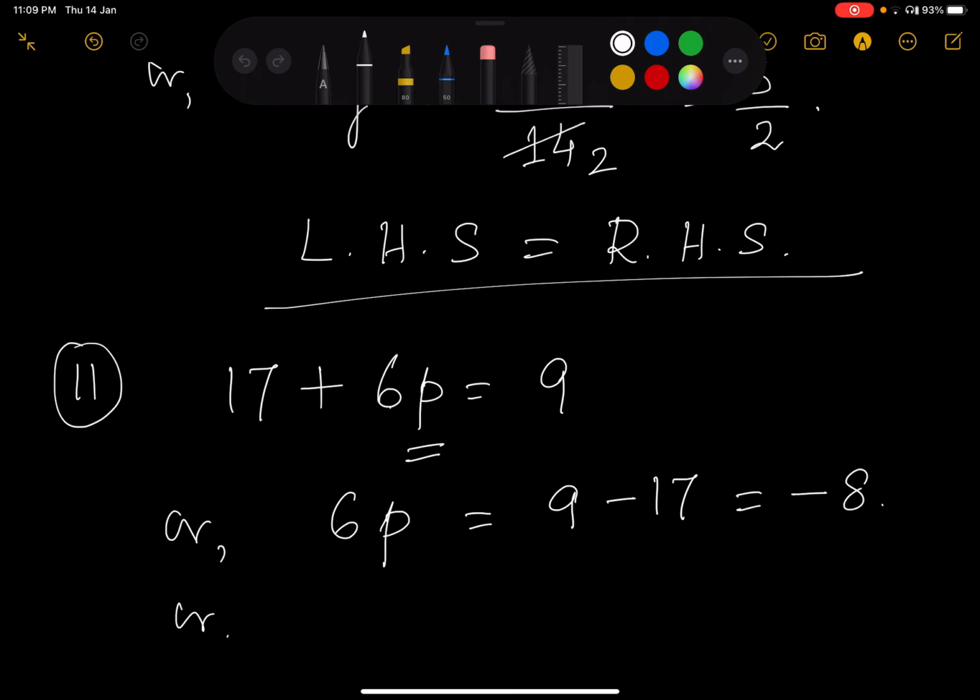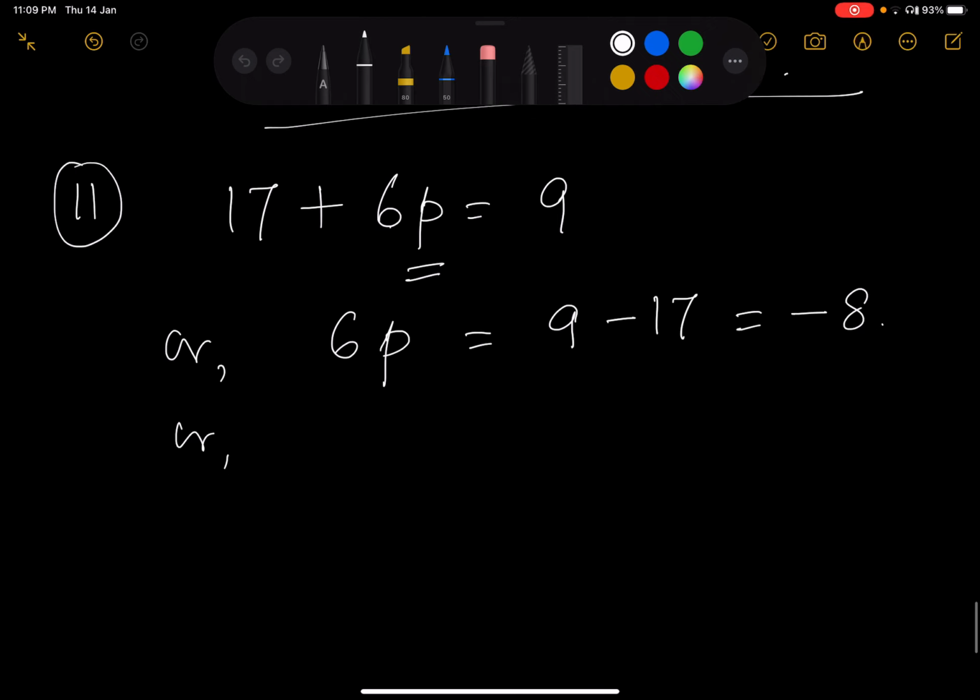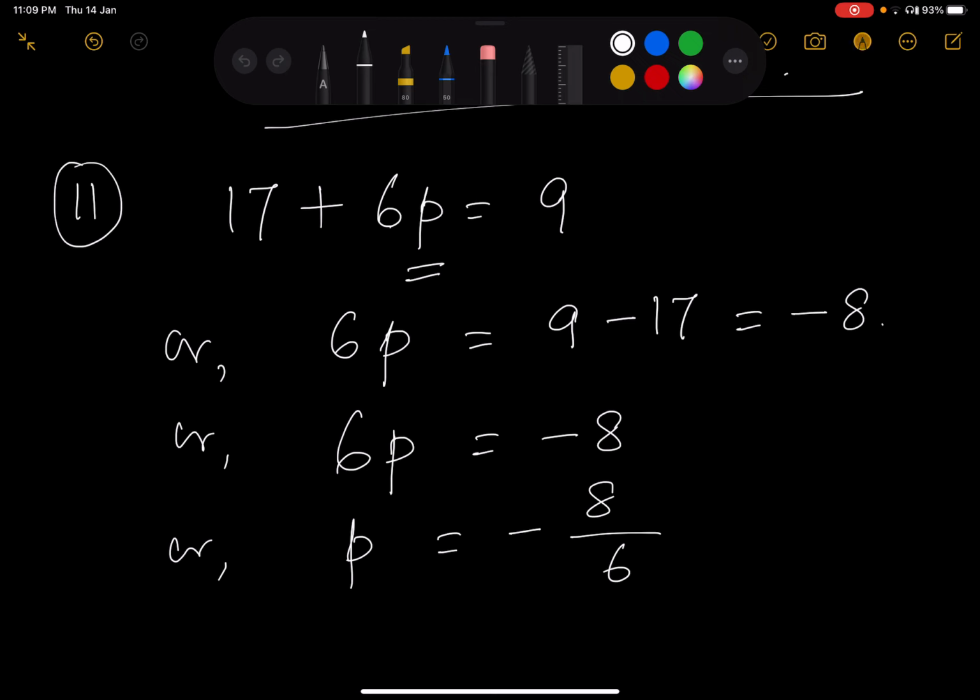Okay, or we can write 6p is equal to minus 8, or p is equal to minus 8 divided by 6. So the common factor is 2. 2 3s are 6 and 2 4s are 8.